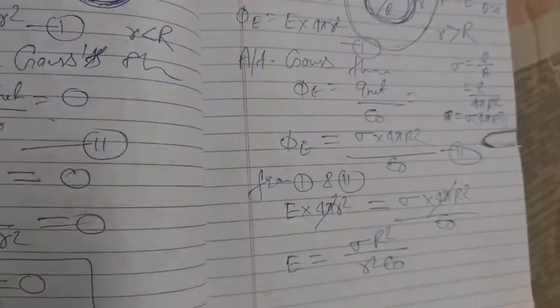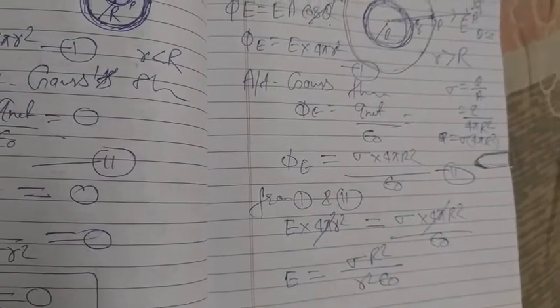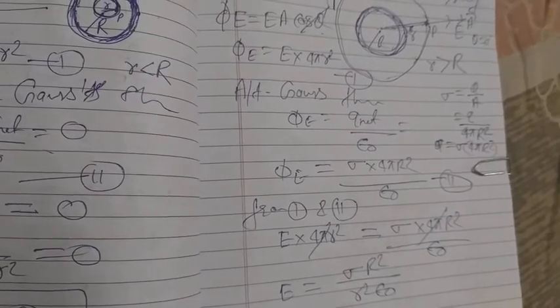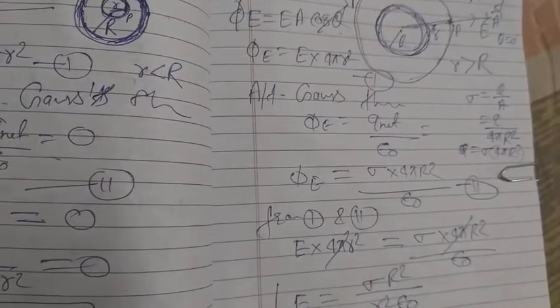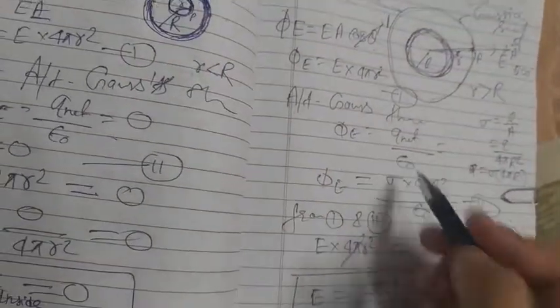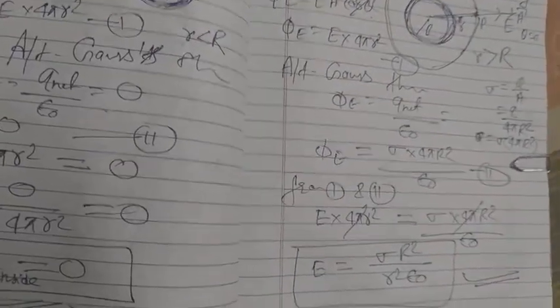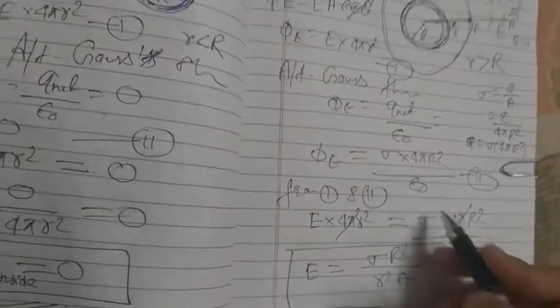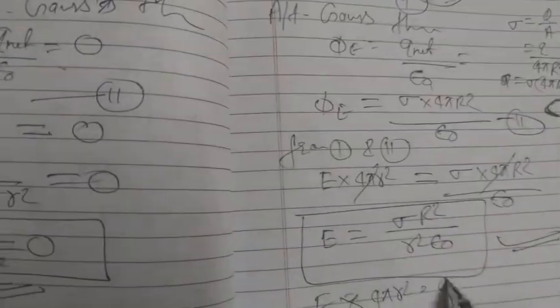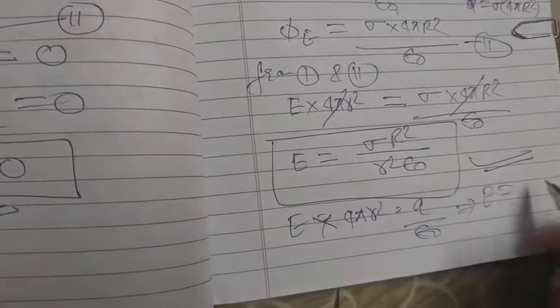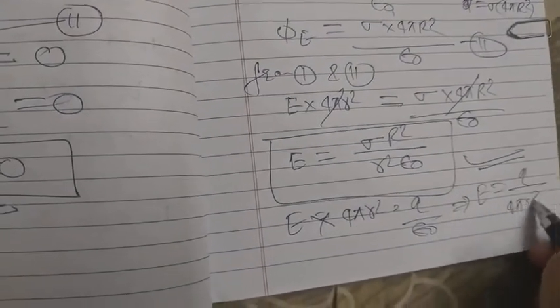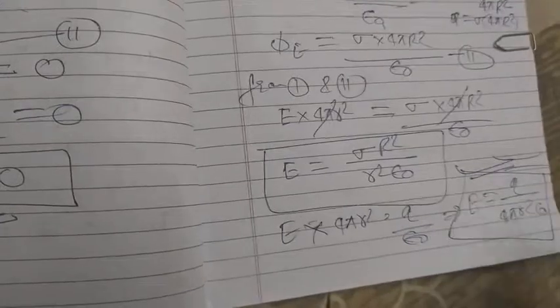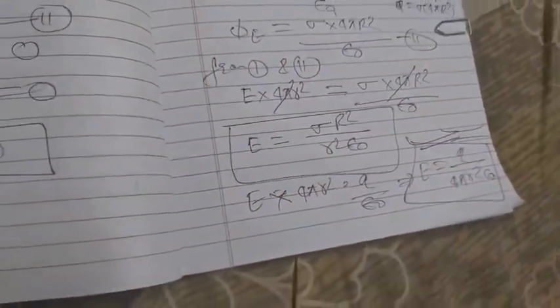So we can write like that. Otherwise you can write in terms of charge also. E into 4 pi r square, suppose this is a charge q net, so q upon epsilon naught. So from here E is equal to q upon 4 pi r square epsilon naught. You can also write in terms of charge if charge is given.